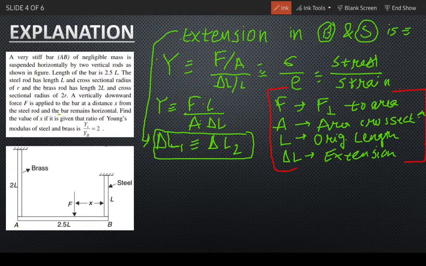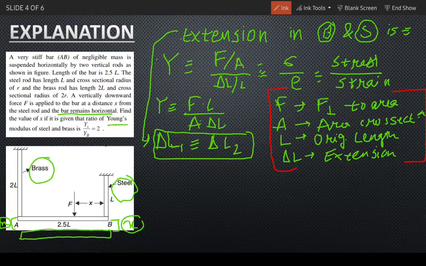The bar remains horizontal only when the extensions in both the steel and the brass wires are the same. They have also provided the Young's modulus of steel. From here we can find extension.